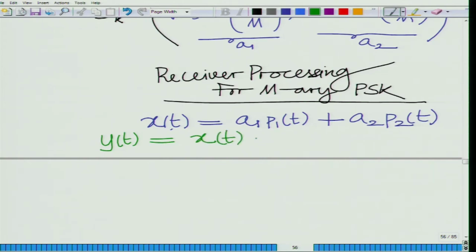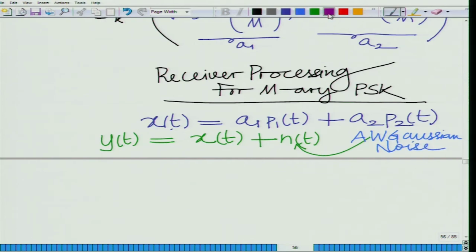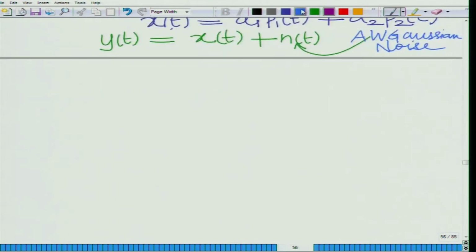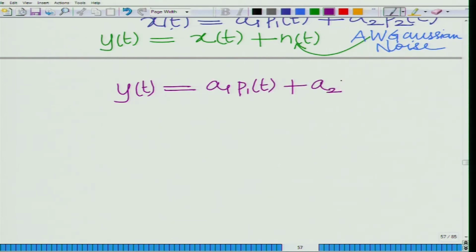So, this is x(t) plus n(t), where n(t) is additive white Gaussian noise, okay. And therefore, I can write y(t) equals A1 P1(t) plus A2 P2(t) plus n(t).